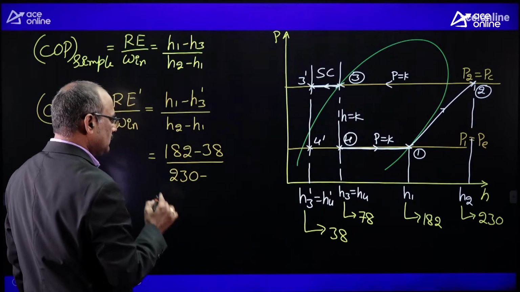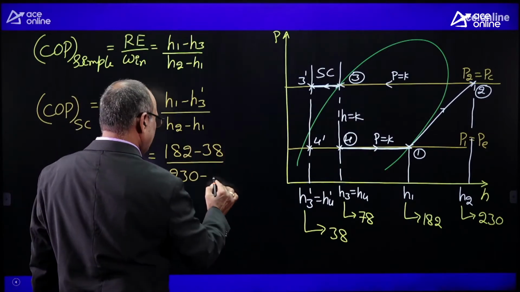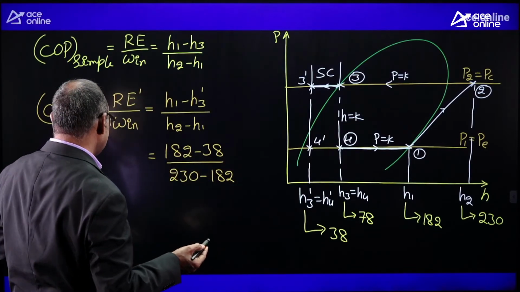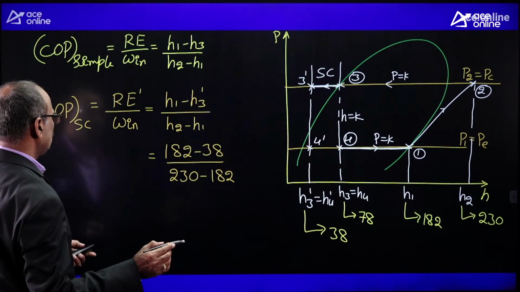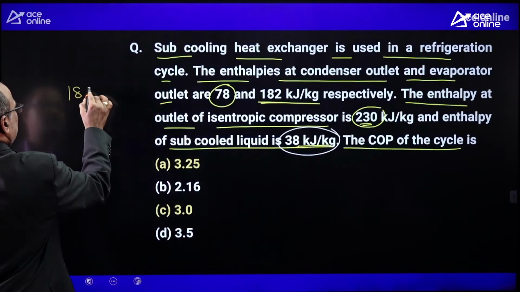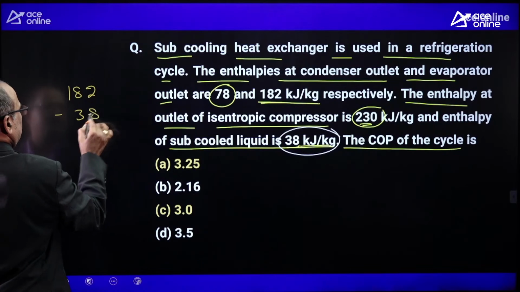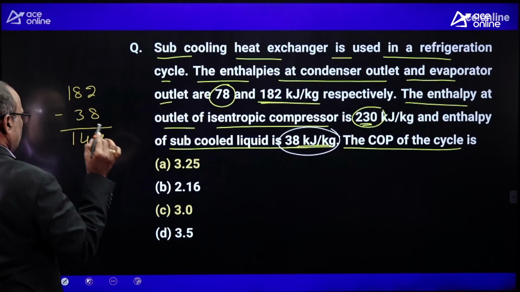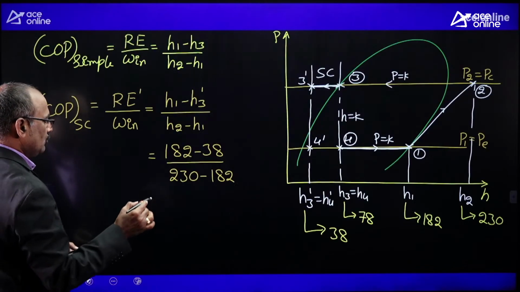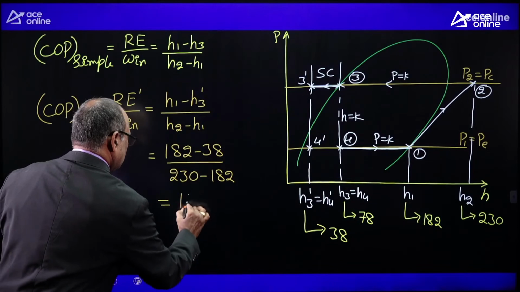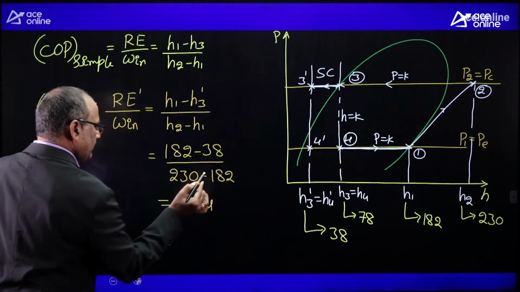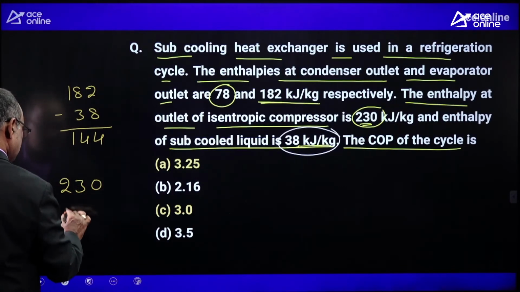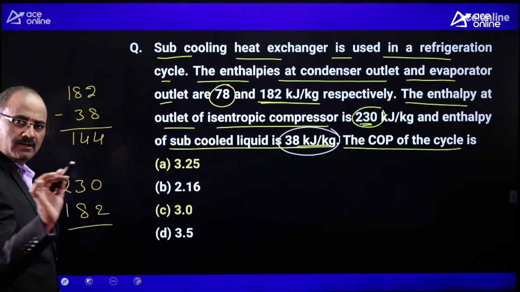minus H1 182. You simplify this value. 182 minus 38 is 144, so the numerator value is 144. 230 minus 182, are you following?